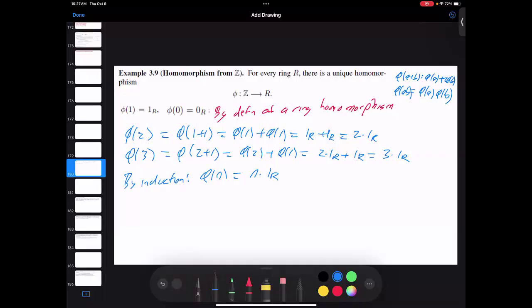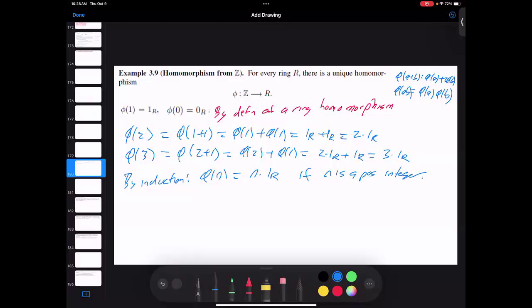What do you think? Have I shown this for all n? Other positive integers, or is it really general? You are correct. If n is a positive integer. So we've only done it for n a positive integer. We have not done it for the negative integers yet.